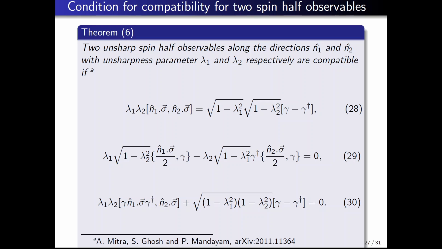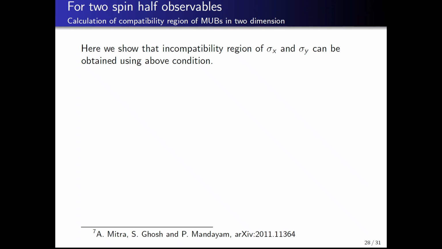Now using theorem 5 for spin-half observables, we got another sufficiency condition, and this sufficiency condition is very useful to construct the compatibility region. So let's check how this sufficiency condition is useful.